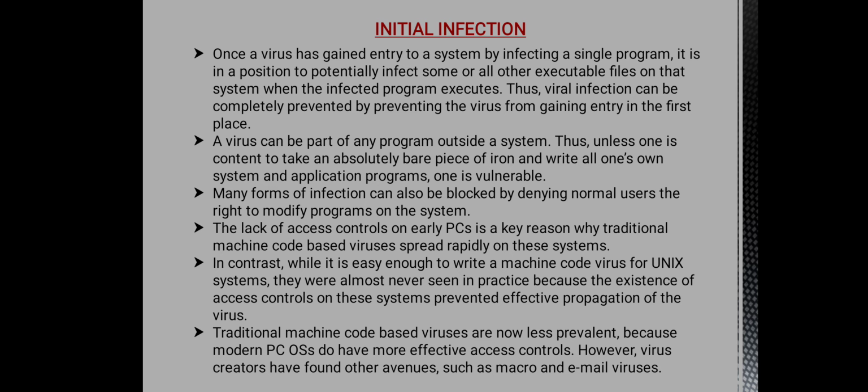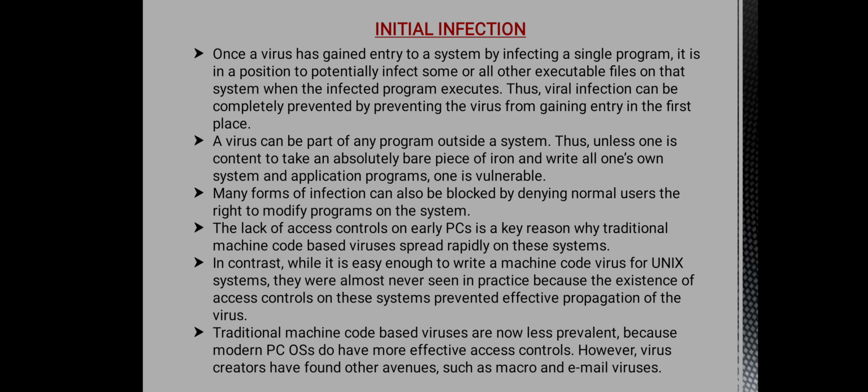Many forms of infection can also be blocked by denying normal users the right to modify programs on the system. The lack of access controls on early PCs is a key reason why traditional machine code based viruses spread rapidly on these systems.